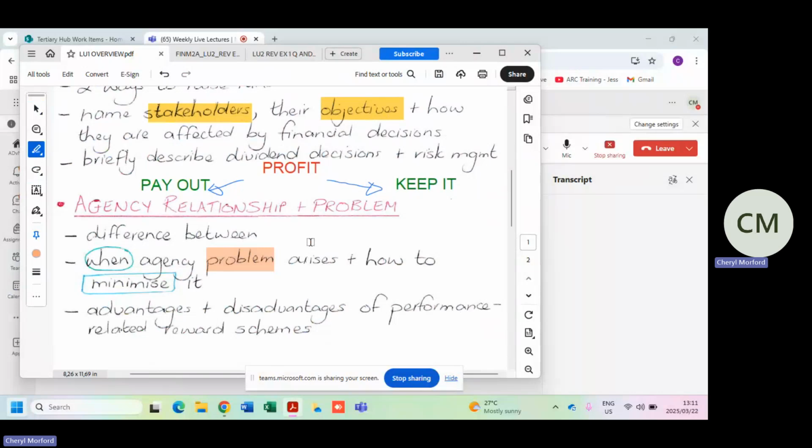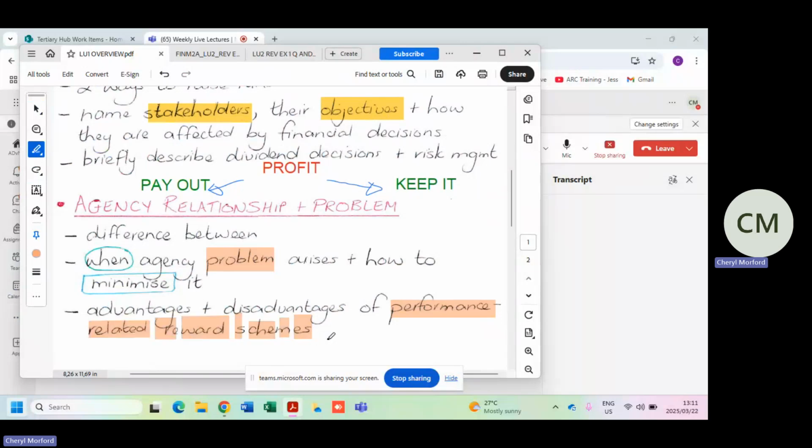And because it is so undesirable, the owners of the business implement various measures to incentivize financial management to act in the way that they are supposed to be acting, and therefore minimize the agency problem. So basically, these are called performance-related reward schemes.